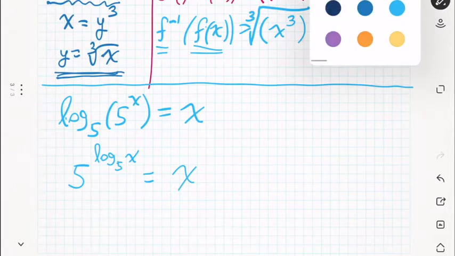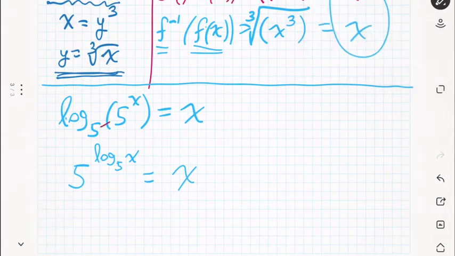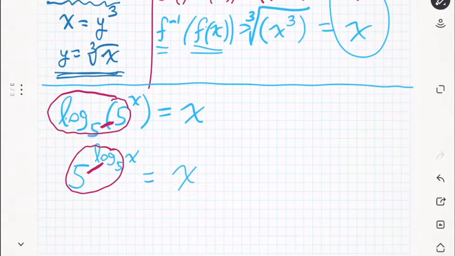So the way I kind of think about it is here, the 5s are close enough and they're touching each other and there's really nothing else going on there. Then all of this is going to go away and you're just going to be left with the x up top. And here, similarly, the two functions are touching one another. Therefore, they kind of go away and you're just left with x in both cases. So it's different ways you can kind of look at it.